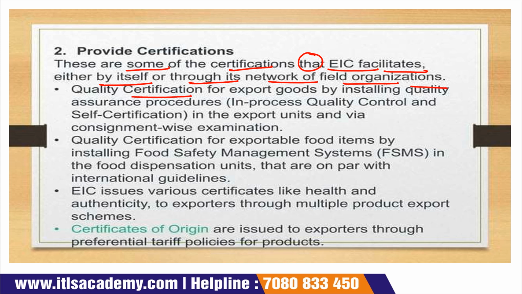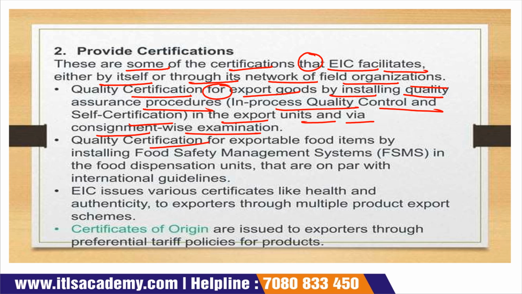Quality certification for export goods by installing quality assurance procedures. Okay, so first of all, when they provide the certification for the export product, they have to install the quality assurance process, in-process quality control and self certification in the export unit, and via consignment wise examination.